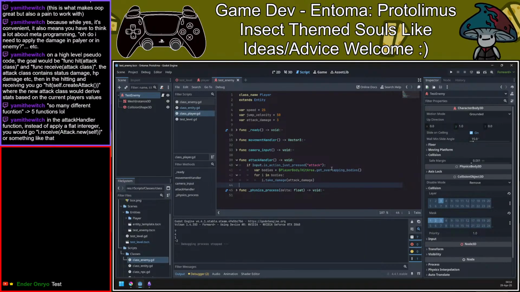Instead of applying a flat integer, you would go I.receive attack.new self. Self? What? Okay, the attack.new is a new instance of the attack class.